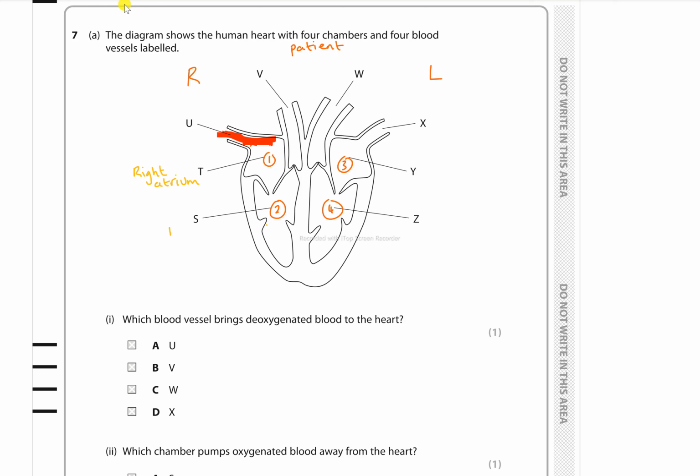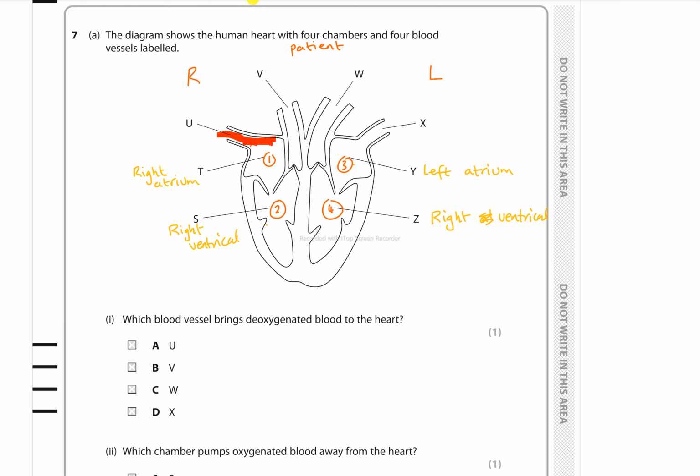This here is the right ventricle. Moving on to the other side, this here is the left atrium, and this is the left ventricle. So we've got those 4 chambers sorted out.